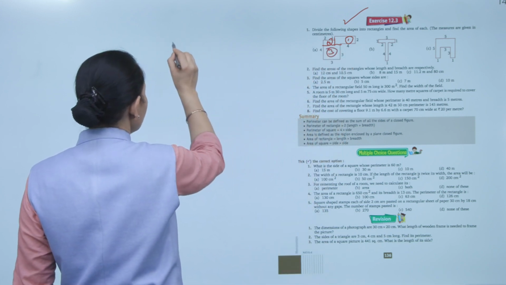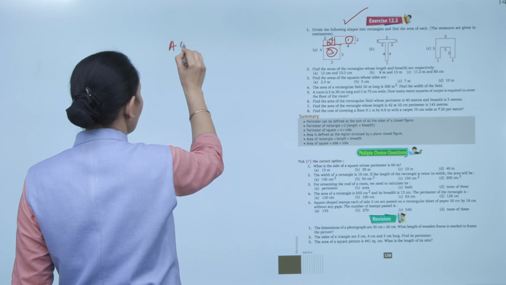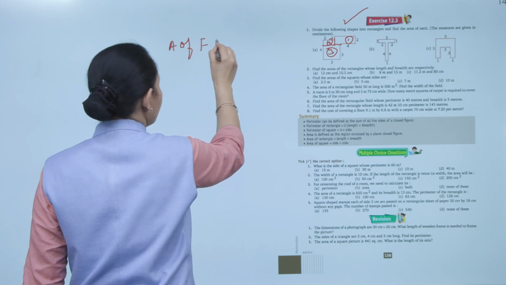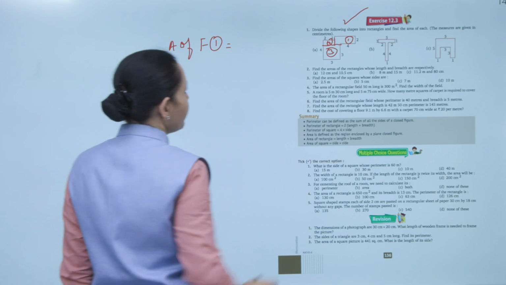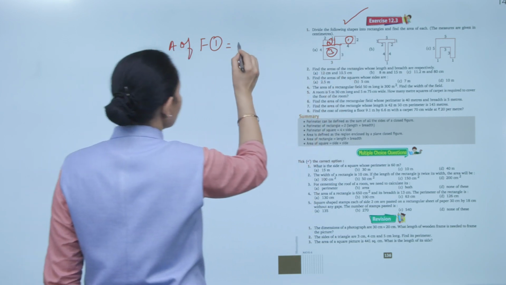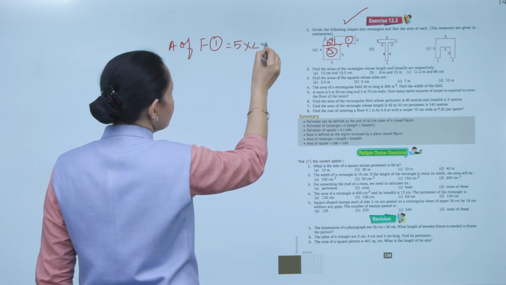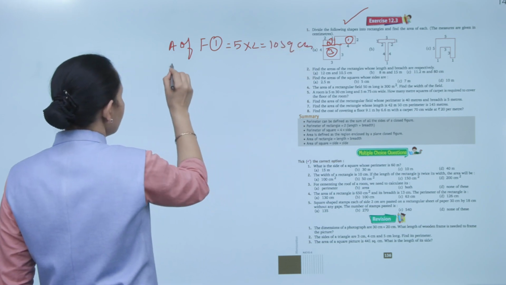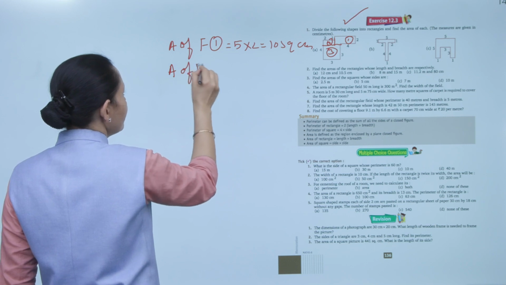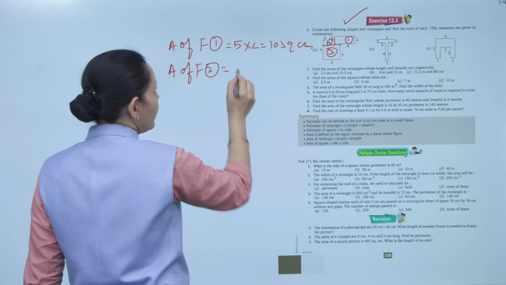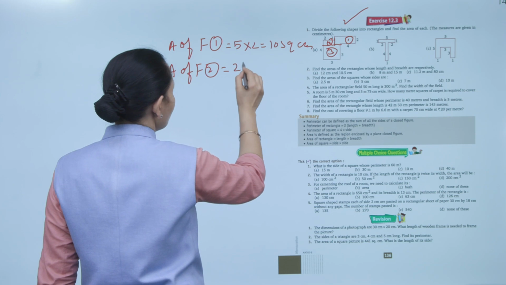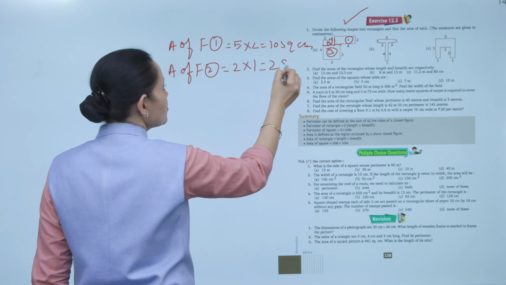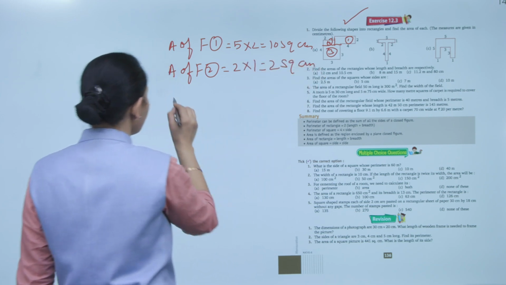So figure 1 का area, area of figure 1 is equal to 5 into 2, 10 square centimeter. Area of figure 2 is equal to 2 into 1, 2 square centimeter.